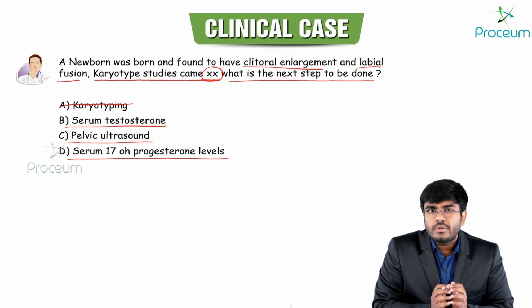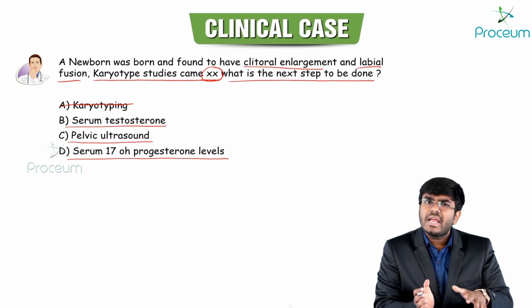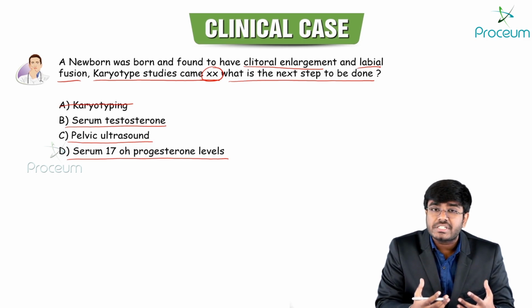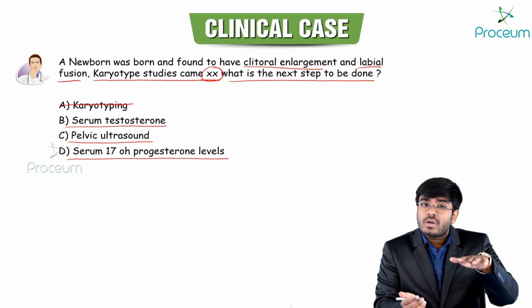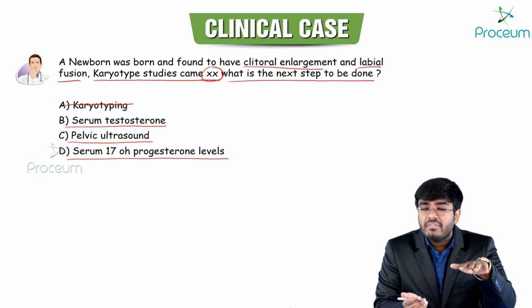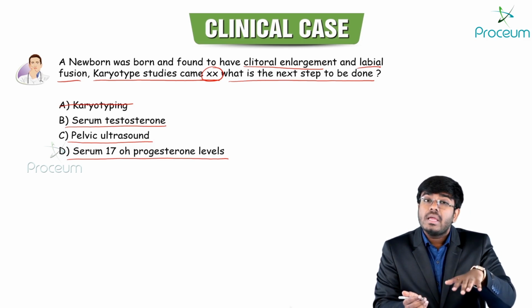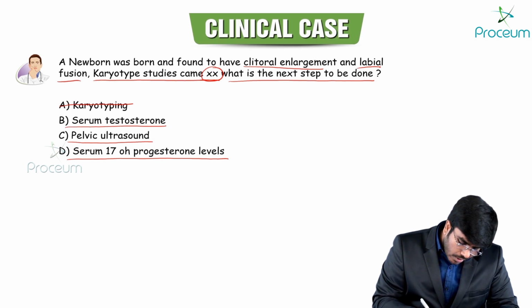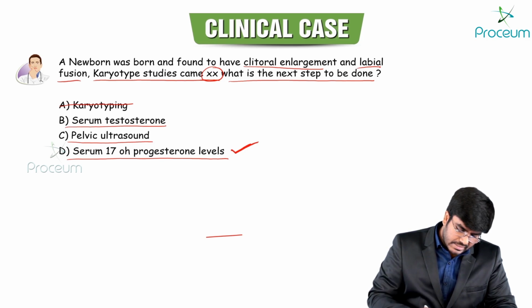To diagnose that, what will you do? First check the 17 hydroxyprogesterone levels. Why? Because we know in congenital adrenal hyperplasia, the 17 hydroxyprogesterone will be damn elevated, 800 nanograms per deciliter, even more than that. So the better option here would be 17 hydroxyprogesterone levels.